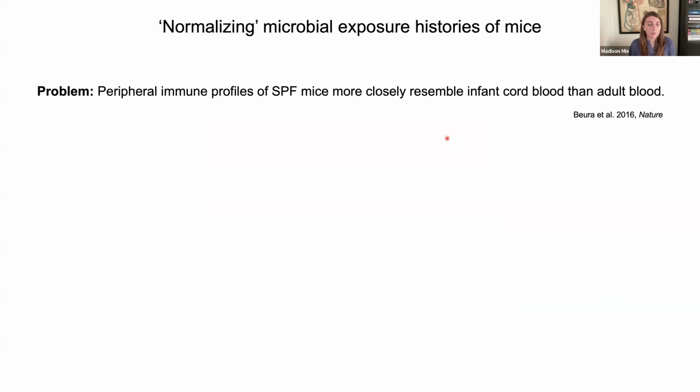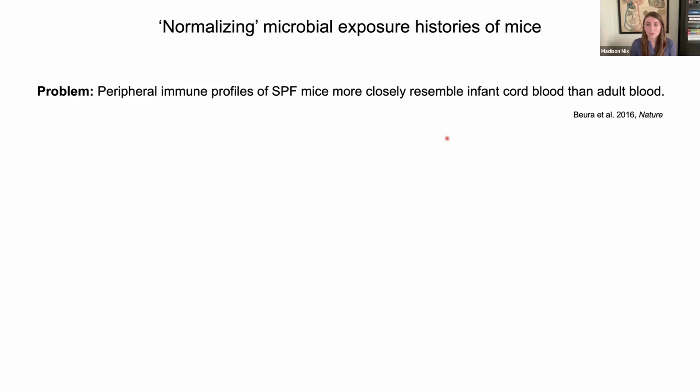And why is this a particularly important question to think about? Well, at least as early as 2016, it was appreciated that if you look at the peripheral immune profile of an SPF mouse, a specific pathogen-free mouse, it is going to more closely resemble infant cord blood than adult blood.